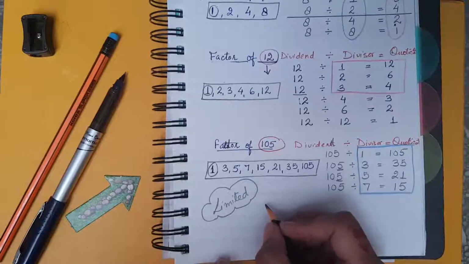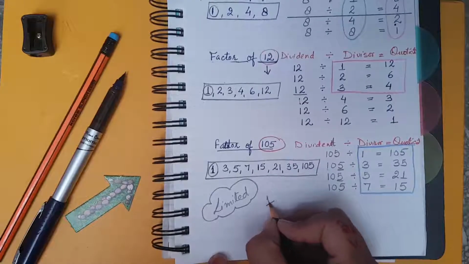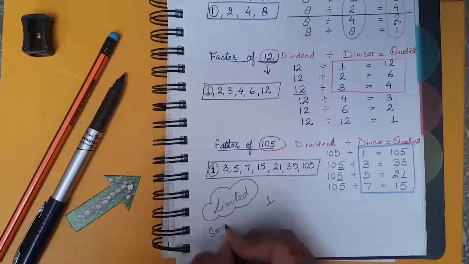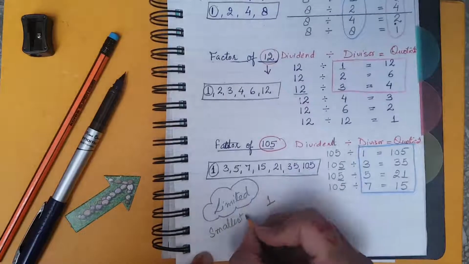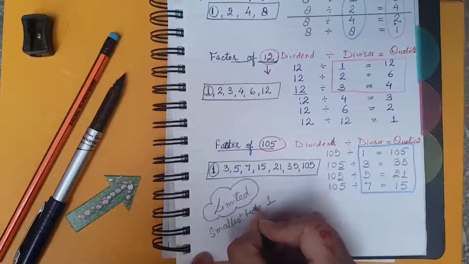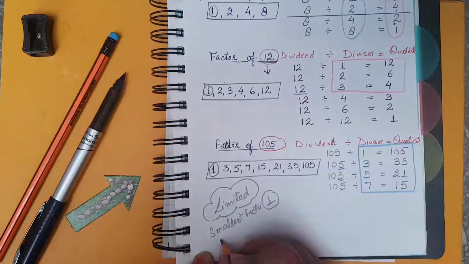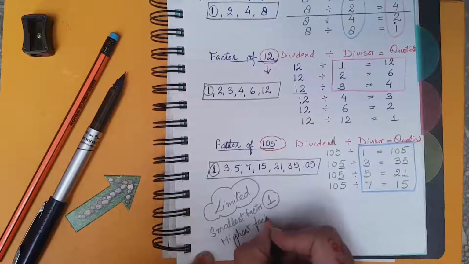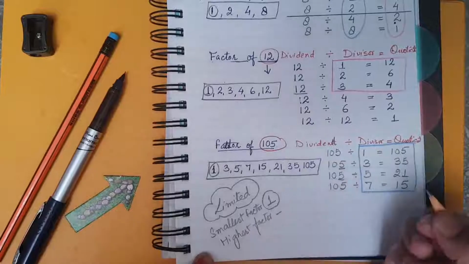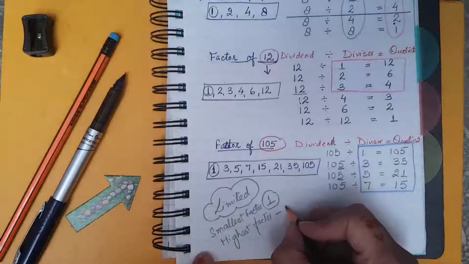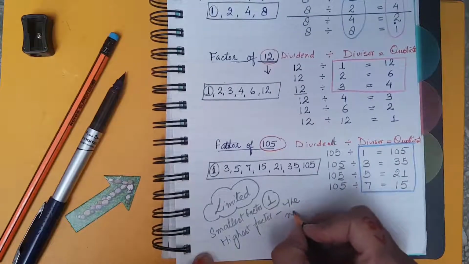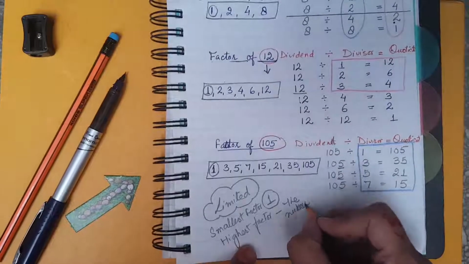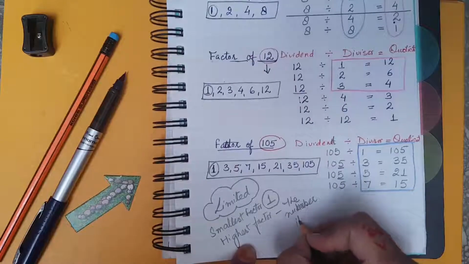It should always be 1. What about the highest factor? Who will tell me? Very good. The number itself is the highest factor.